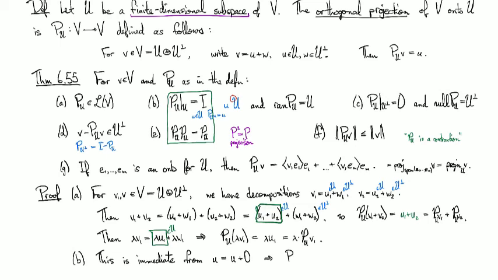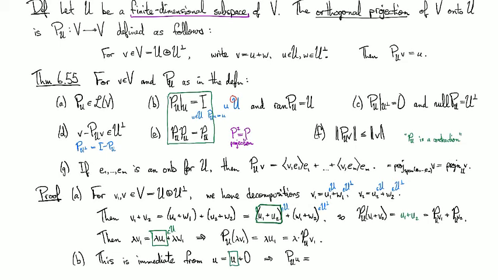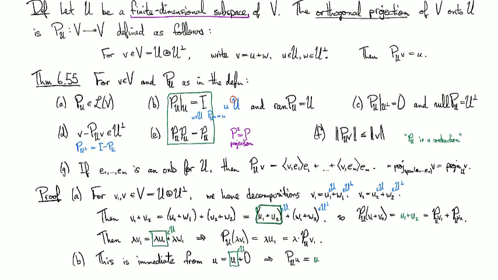And then when I apply PU to the left side, we just extract the part that's in U from the right side. And ta-da, look at that. So P sub U fixes anything that started in U.